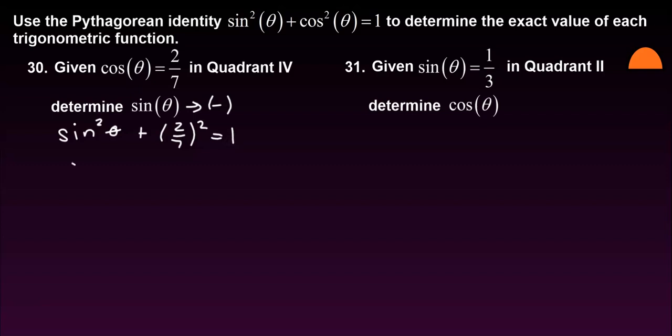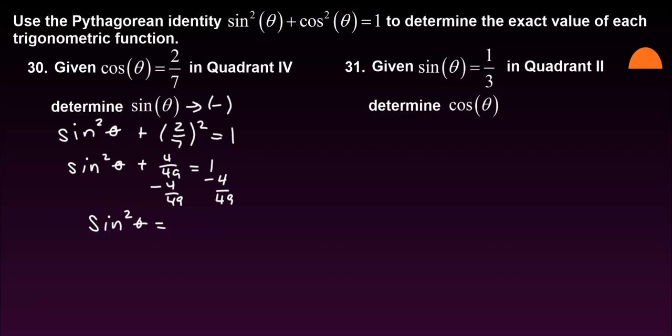So we have sine squared theta plus 4 over 49 equals 1. We're going to go ahead and subtract the 4 over 49. First, bring down that sine squared theta.